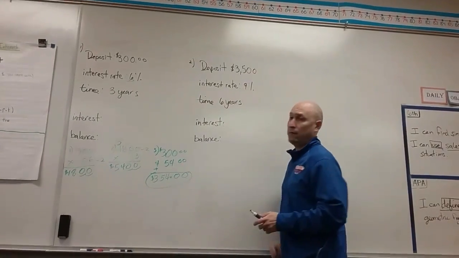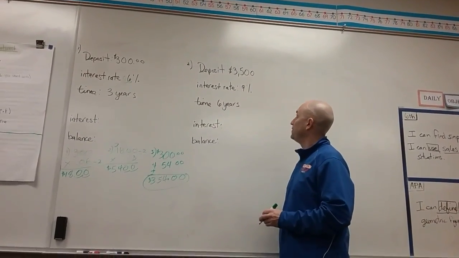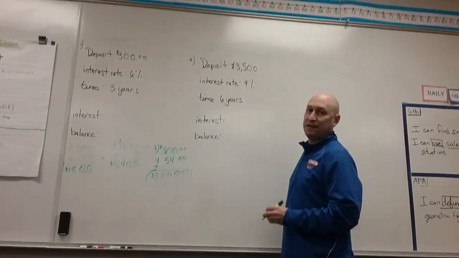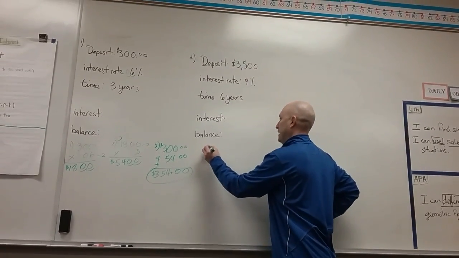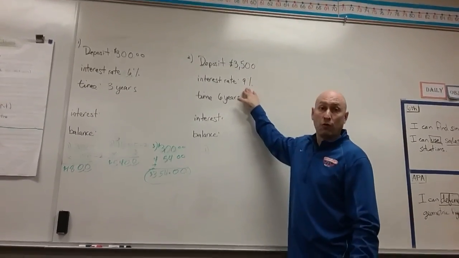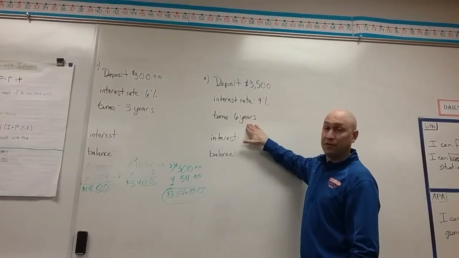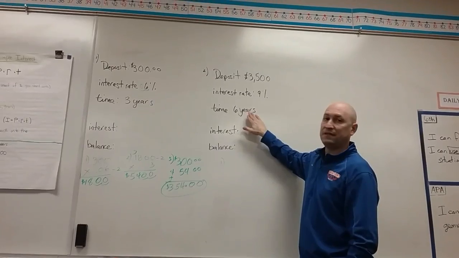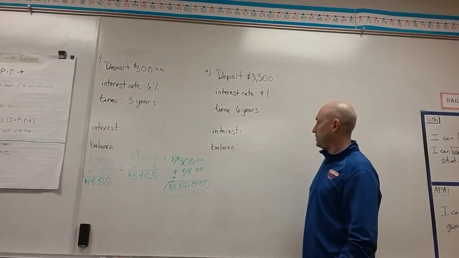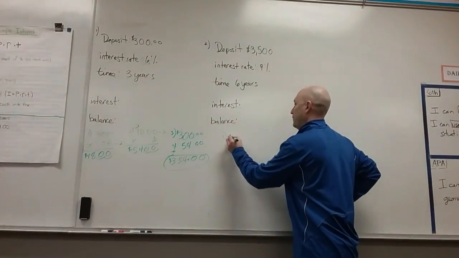Now my second example, I worked with a little bit bigger principal to start with. So let's say I deposited $3,500 into my account. It's going to grow at a little bit bigger percentage rate of 9%, and it's going to do it over a time of 6 years. So the first thing I'm going to do is take my $3,500.